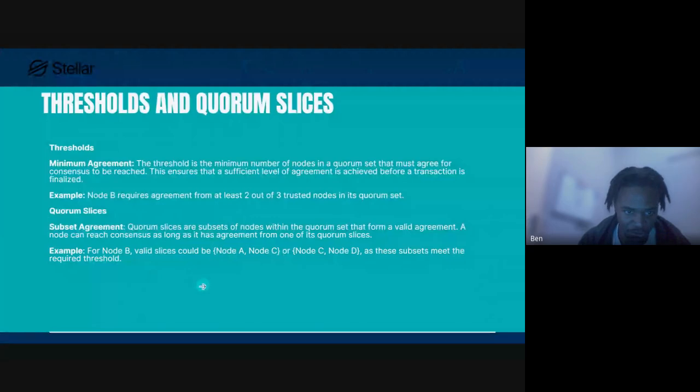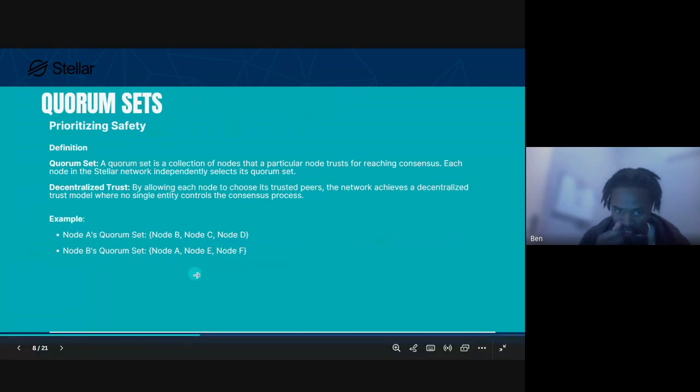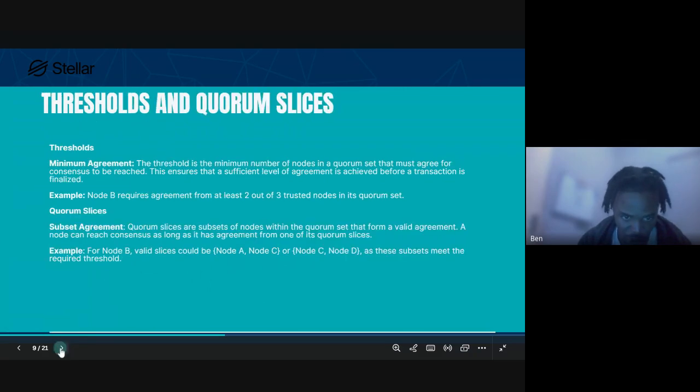So for example, for node B, valid slices can be node A and node C, or node C and node D. So a quorum slice is just the number of nodes that form the threshold. It can be node A and node B, or node F and node E, or whatever. So that forms the quorum slice.